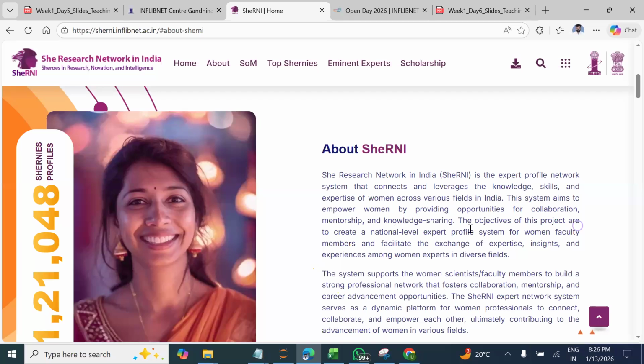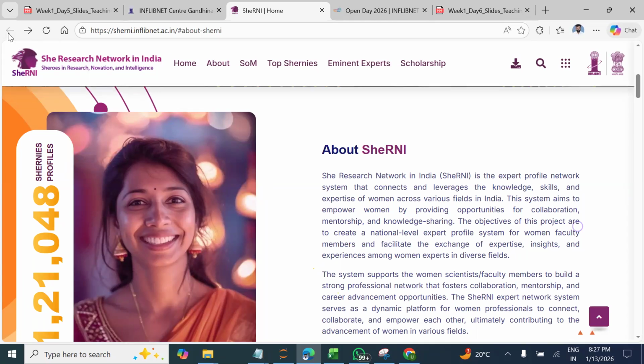The system aims to empower women by providing opportunity for collaboration, mentorship and knowledge sharing. The objective of this project is to create a national level expert profile system for women faculty members and facilitate the exchange of expertise, insight and experience among women experts in diverse fields. So please note it down.